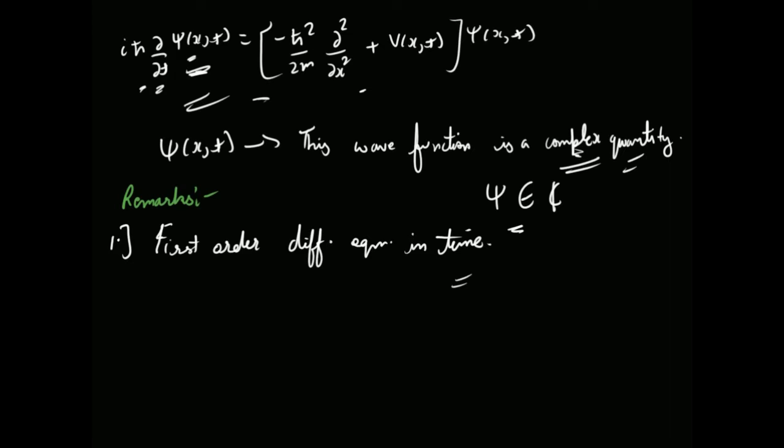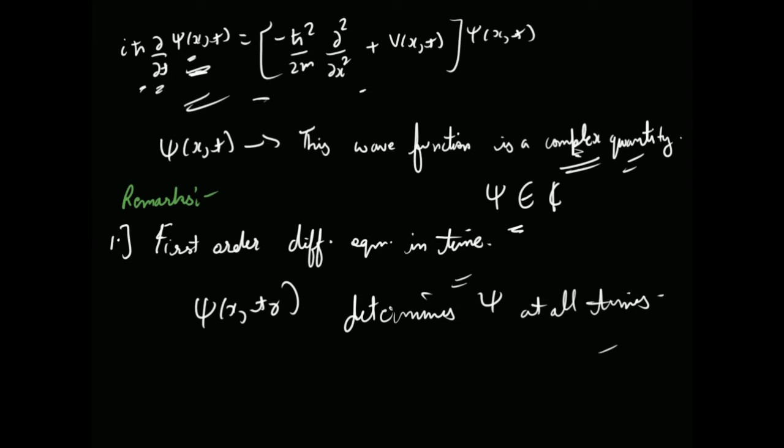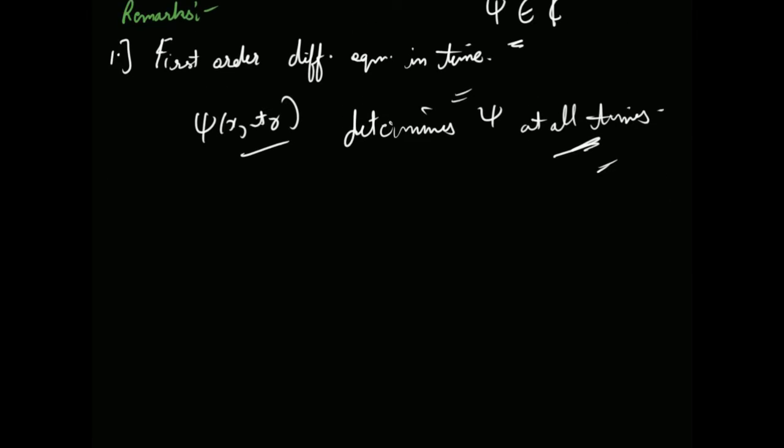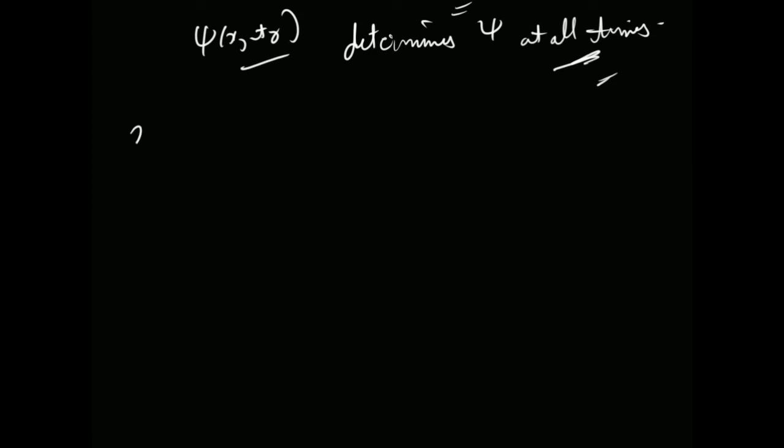So if psi of x, t naught is known, it determines psi at all times. This is the first thing. The second important thing is that this Schrodinger equation is a linear equation.